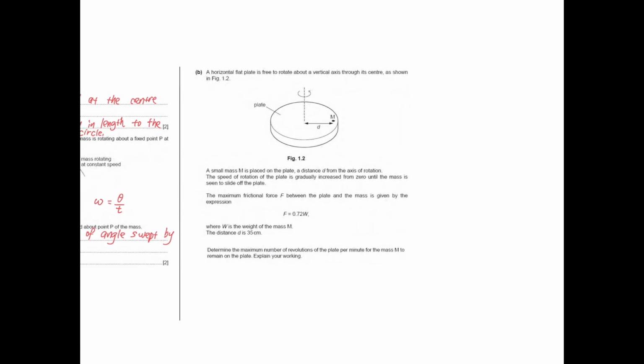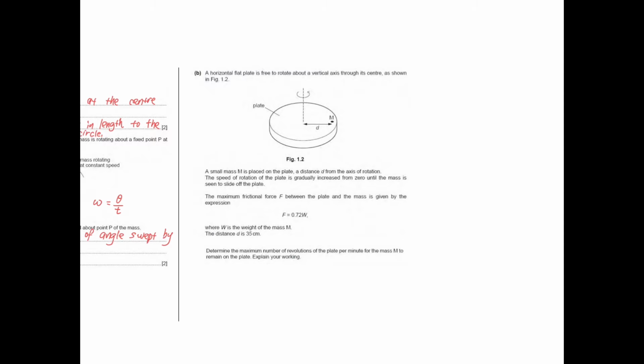Part B. A horizontal flat plate is free to rotate about a vertical axis through its center, as shown in figure 1.2. A small mass m is placed on the plate, a distance d from the axis of rotation.